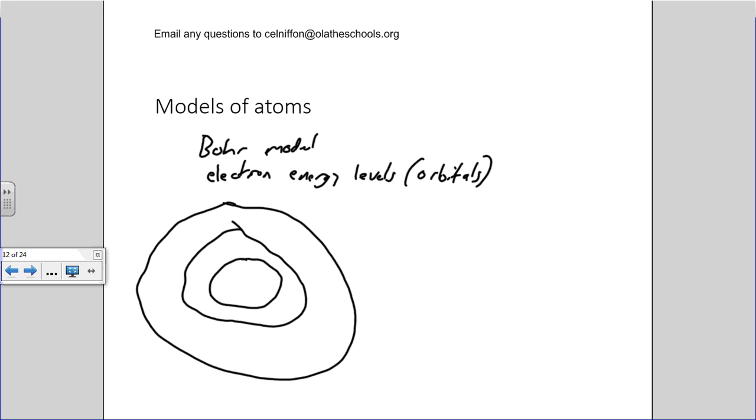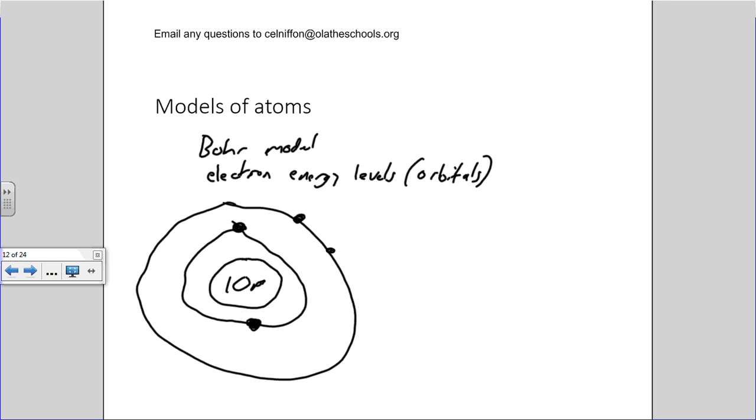There we go. I was doing everything so small, and I've got plenty of space. So 10 protons means if we're neutral, we're going to have 10 electrons, because in a neutral atom, protons equal electrons.